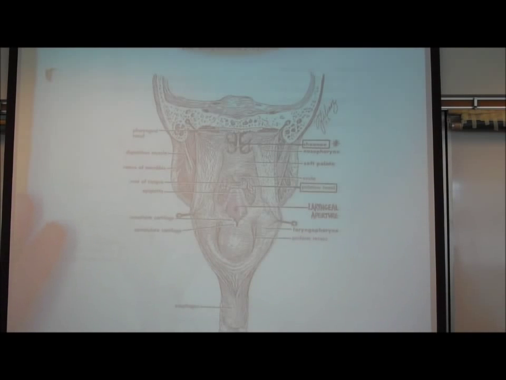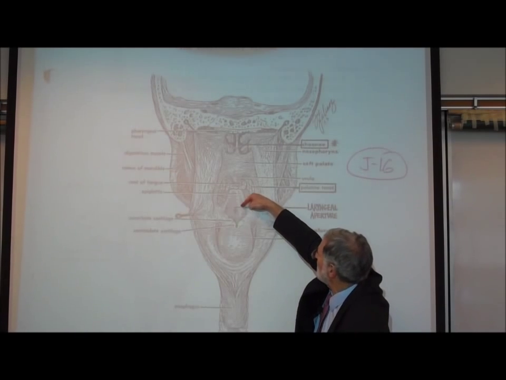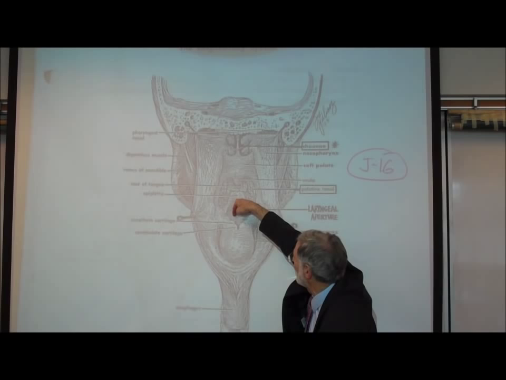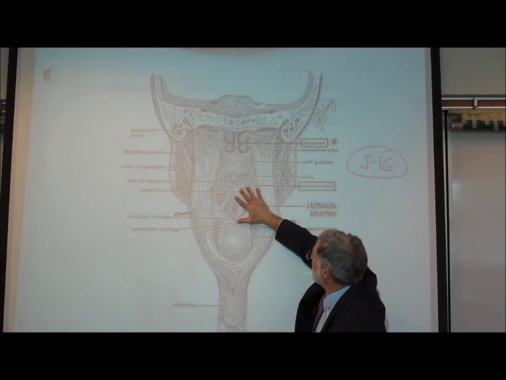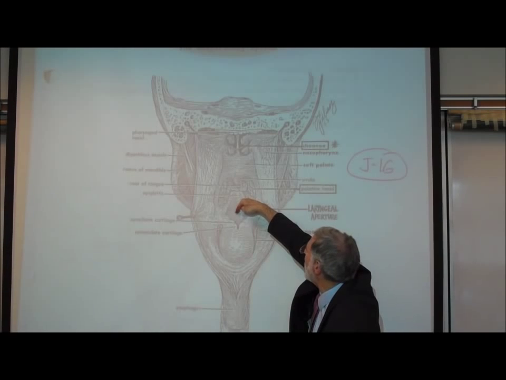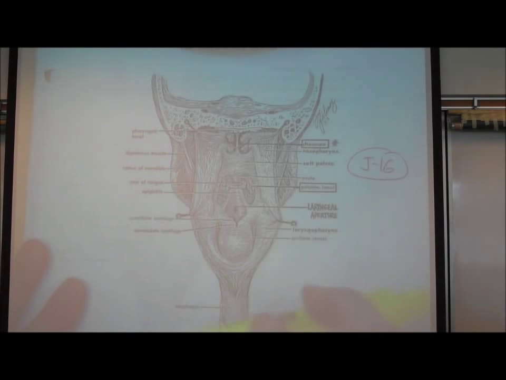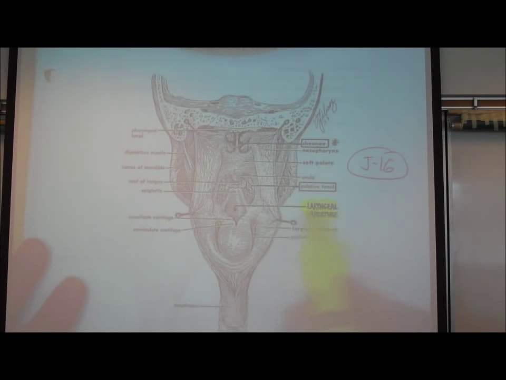You had a picture just like this, just larger, on page J16. This is the passageway that air goes. Air goes from the throat, or laryngopharynx, through this opening called the laryngeal aperture down into the larynx. So the opening through which air enters the larynx is called the laryngeal aperture.